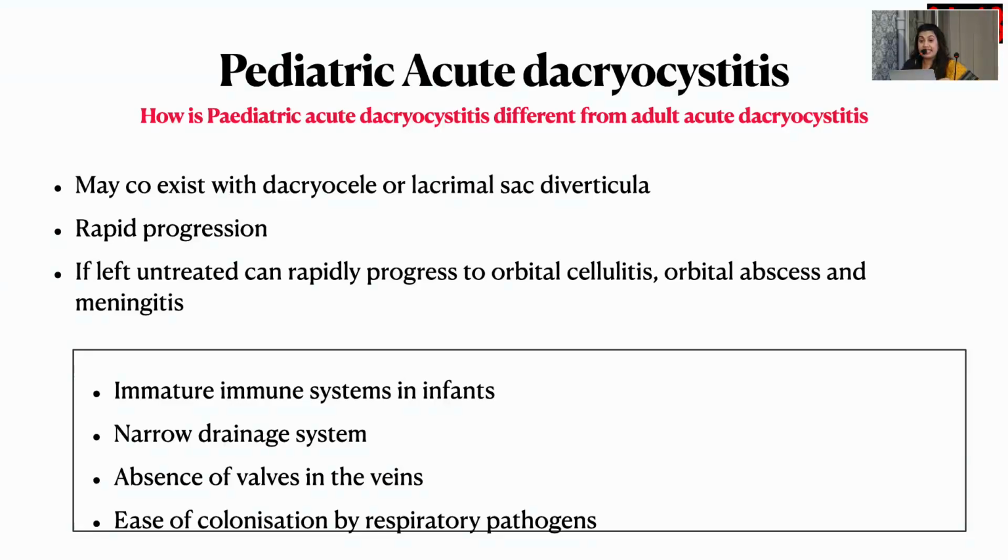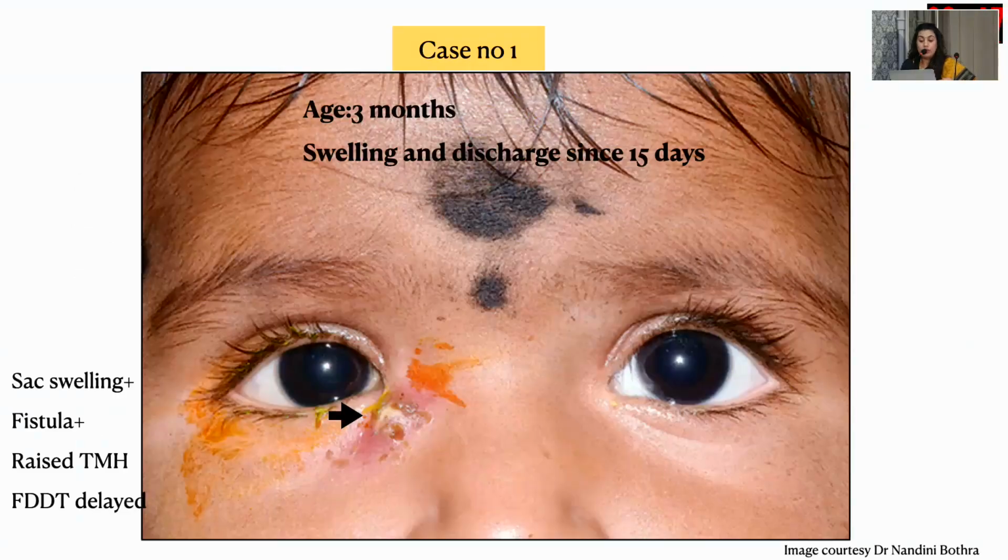So these kids, whenever they land up with acute dacryocystitis, have a much more fulminant progression, giving rise to orbital cellulitis and abscess formation much earlier than adults. And sometimes they can be associated with something like a dacryocele or lacrimal sac diverticulum, in which the treatment gets very different. So I'll go case by case in this scenario, helping you all to understand.